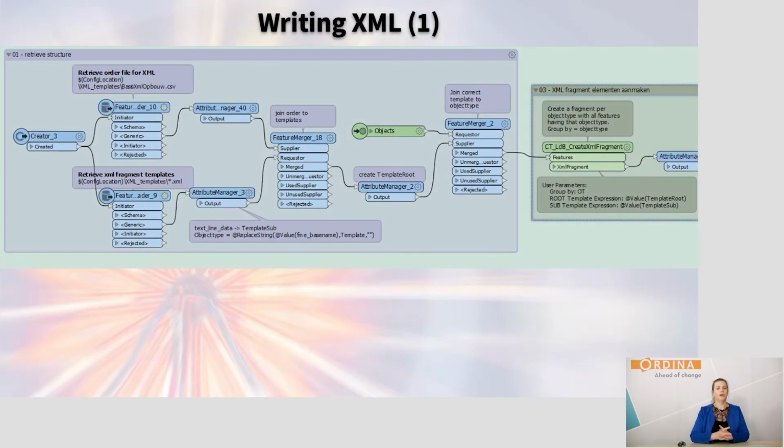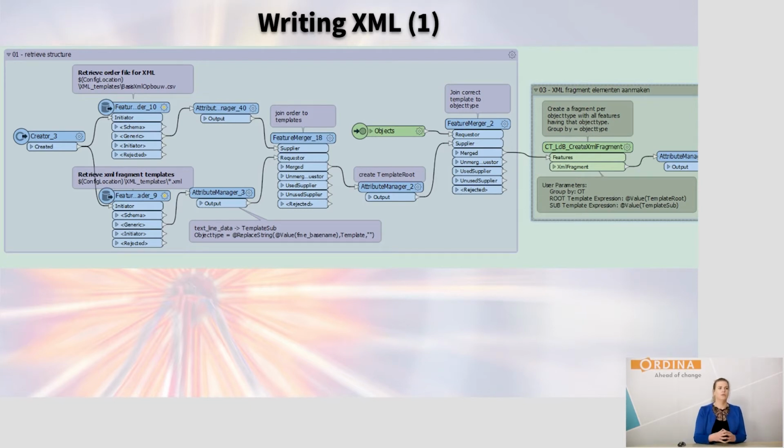Now, to write the XML, we created a custom transformer, and it reads in the CSV with the structure, and it reads in all the XML templates. And the XML templates have a name based on the object type it templates.